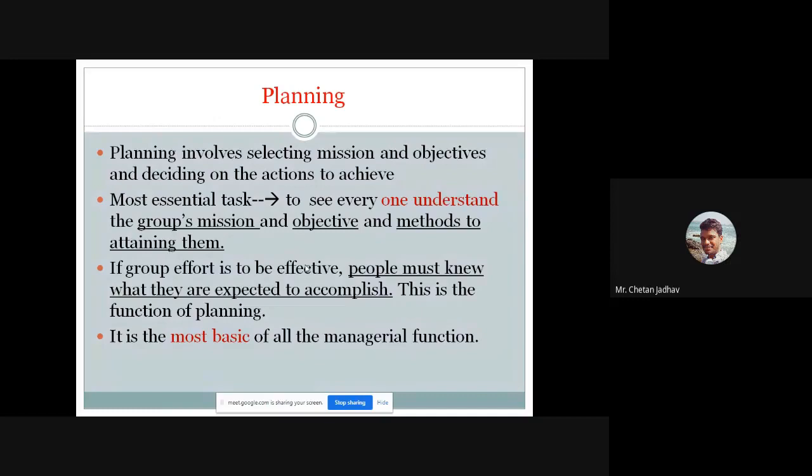Suppose we take one organization. In that organization 100 people are working, and the organization's owner has set one mission for it.